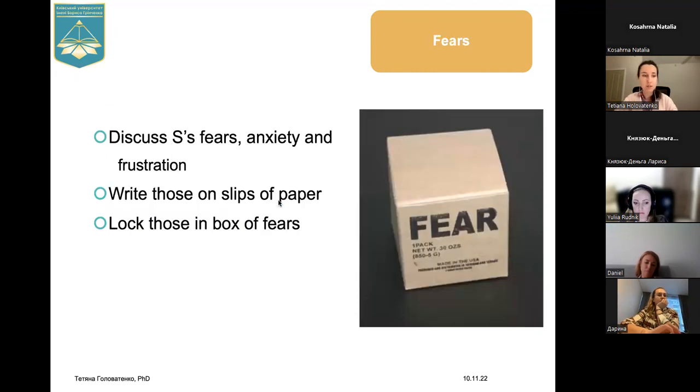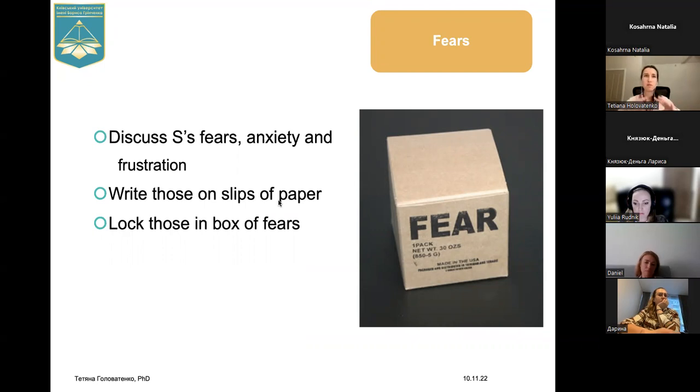The next technique is working with fears. Discuss students' fears, anxiety, frustration. Have one box and put the slips of paper with names of those fears or pictures of those fears in the box and lock it. So whenever a student feels triggered, anxious, and afraid, ask them to write down what they feel and put it into a box.